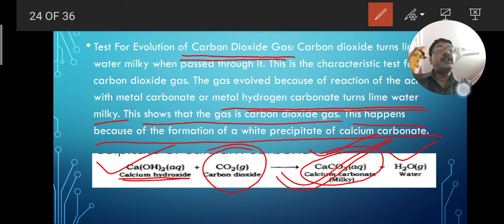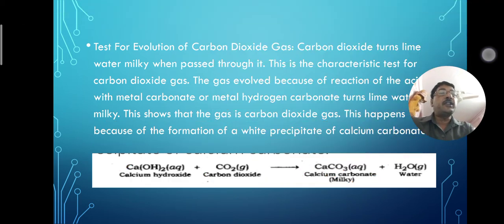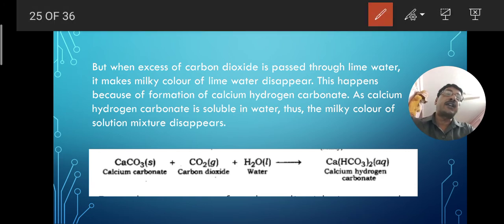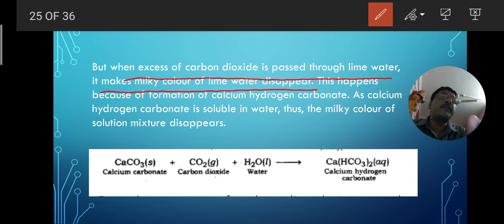When we pass it for a long time, what will happen? This will change the color of the lime water. It will become colorless. Why will it become colorless? As it is mentioned here, when excess carbon dioxide is passed through the lime water, the milky color of the lime water disappears. Means it will not stay milky when we keep passing carbon dioxide gas into it. Why does this happen?